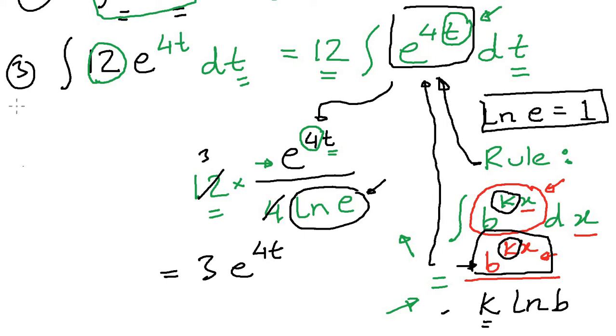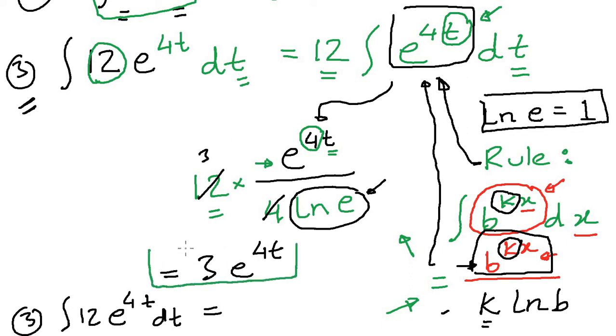So we have found the third integral. Remember, we were trying to find this third integral, which was 12 e to the power 4t dt. This third integral is in fact equal to this simple integral. So this is equal to this. You just found this out, right? Through all these steps, remember, you found this out.